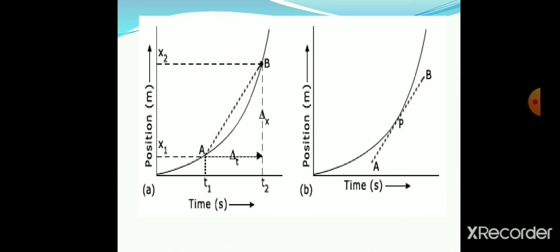If we go on decreasing the distance between the 2 points A and B, we will finally reach a point P, at which if we calculate the velocity, you will get the instantaneous velocity.